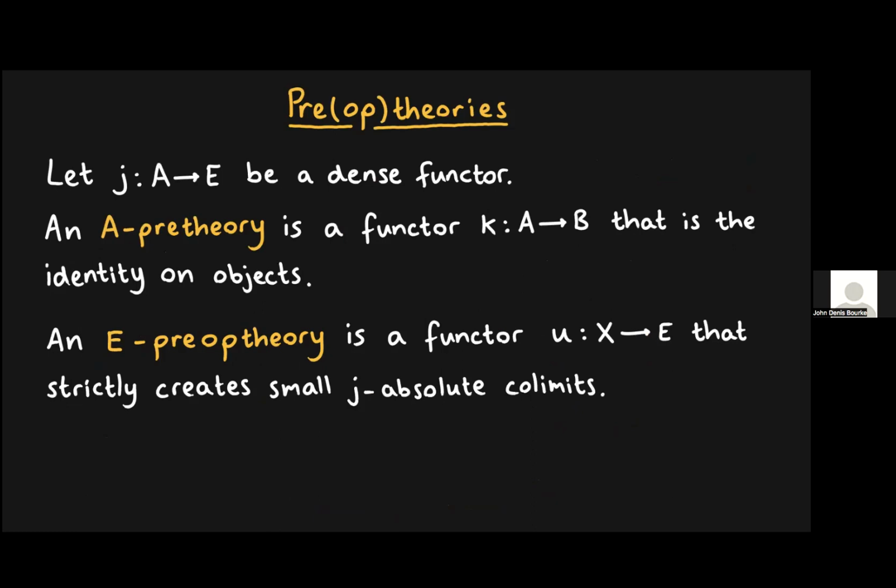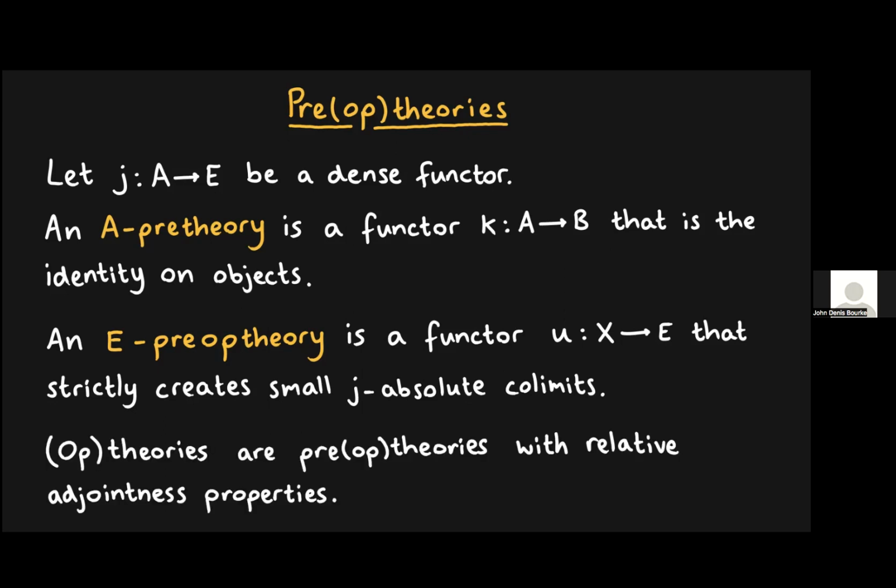Okay, so as always, we're fixing a dense functor J, and we're going to define these two concepts. So an A pre-theory will be a functor, just some functor from the domain of J, which is the identity on objects, and an E pre-op theory will be a functor into E, into the codomain of J, which strictly creates small J absolute codomains.